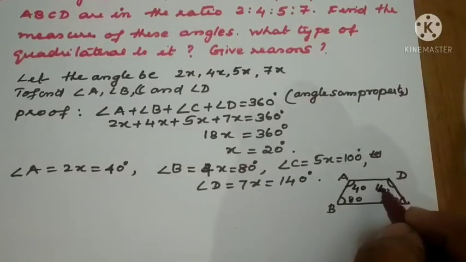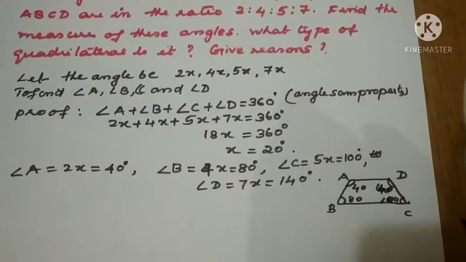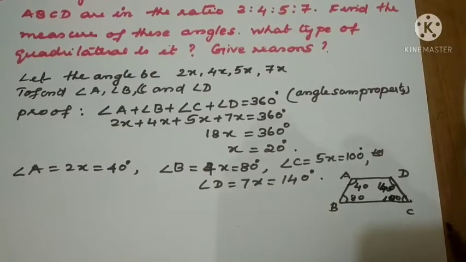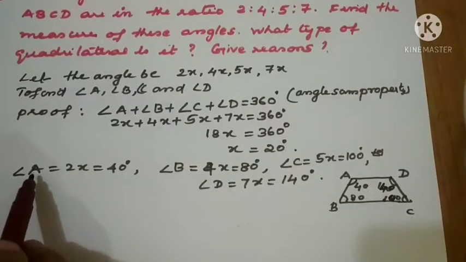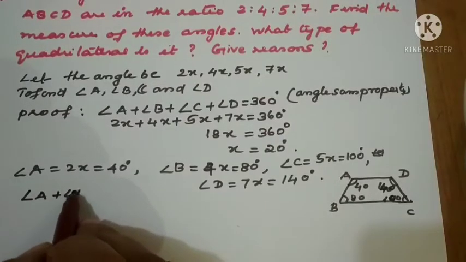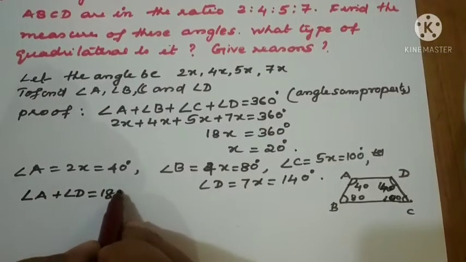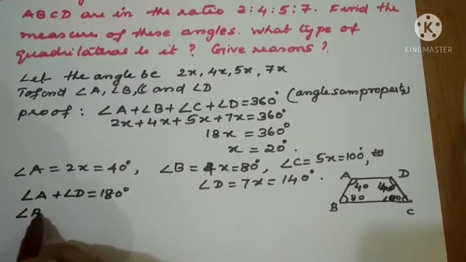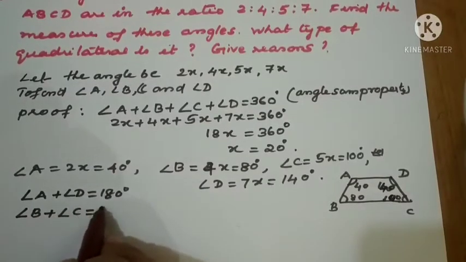When we add 100 plus 80, it is 180, and here also 140 plus 40 is 180. So angle A plus angle D equal to 180 degrees, and also angle B plus angle C equal to 180 degrees.